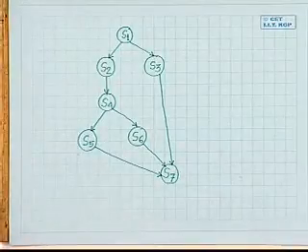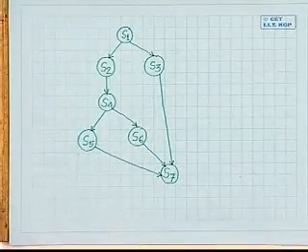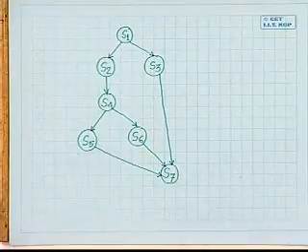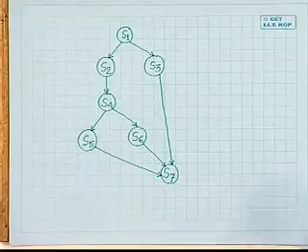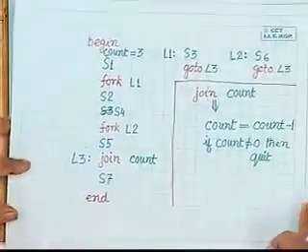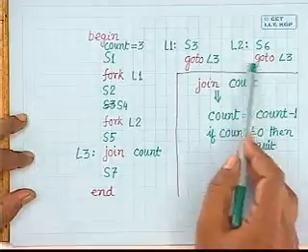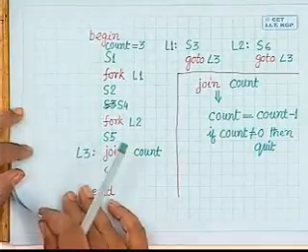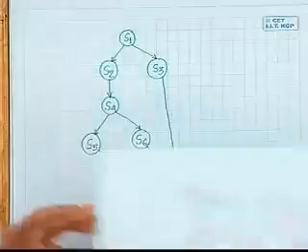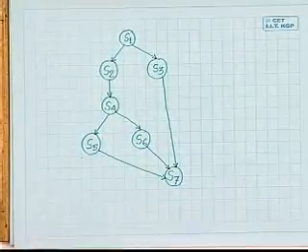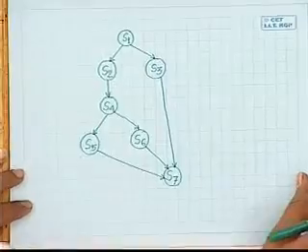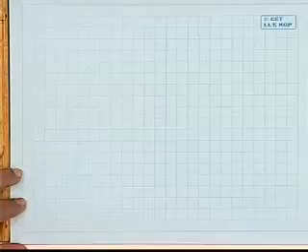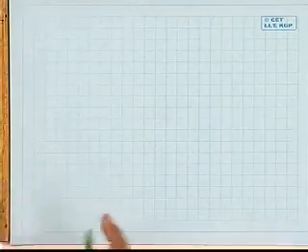We have seen that it can be easily converted into a parallel program using fork join structure, and that program was this. Now if I take a variation of this precedence graph, I'll make a slight modification. Now I'll consider a precedence graph like this.